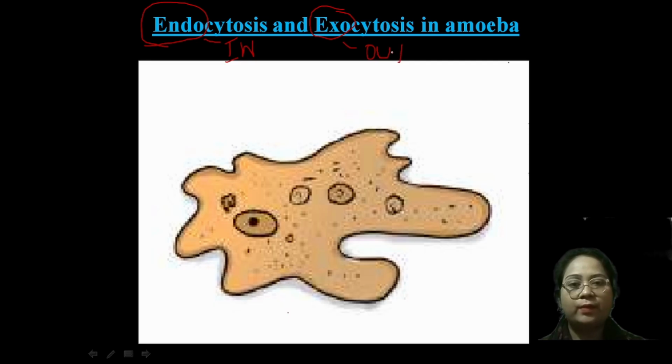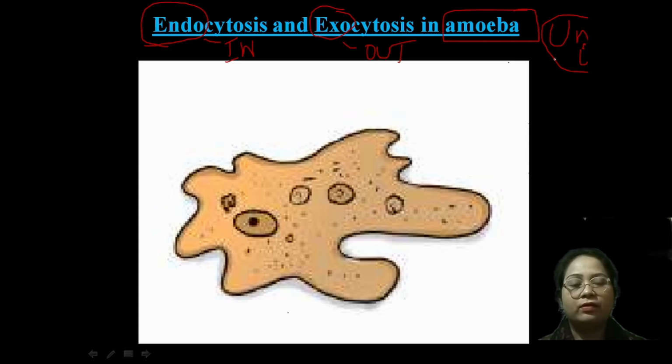So in case of amoeba, anyone tell me what is amoeba? Amoeba is a unicellular organism. So in the previous video you can find out, I gave some of the examples like amoeba, chlamydomonas, bacteria, euglena. All those are unicellular organisms. So uni means what? Single cell organism.